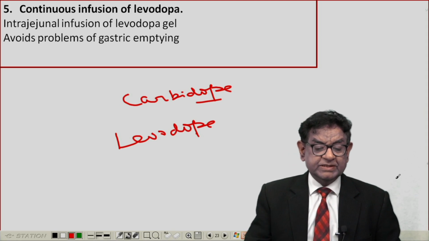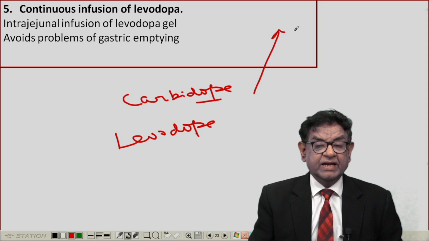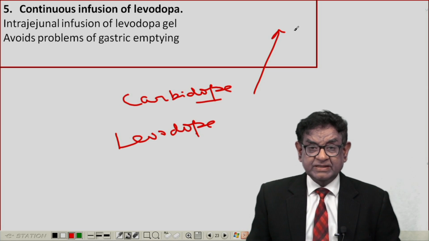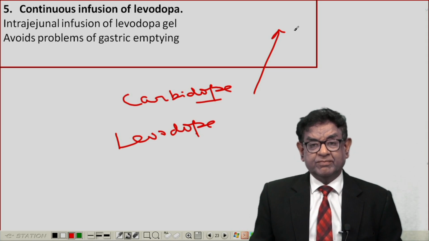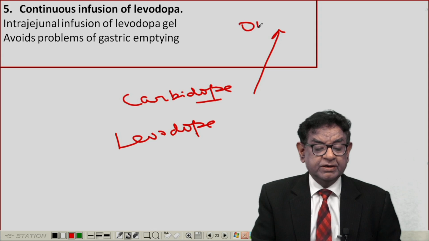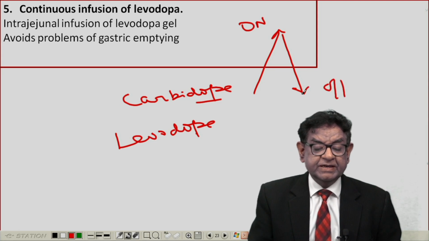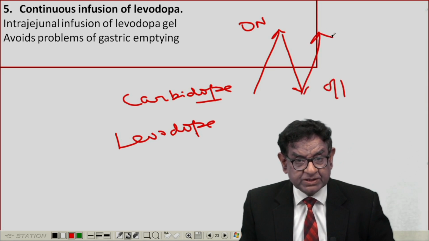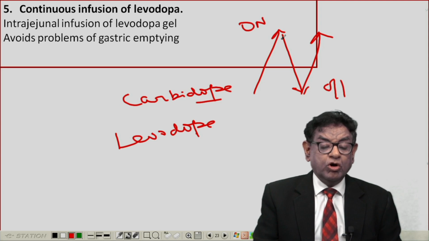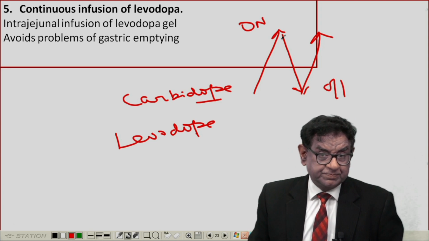But what is the problem with this? When the level of the drug in the blood is good, the patient becomes all right; we call it on. But as the drug gets metabolized, the level goes down and the patient's symptoms worsen: off. Again the patient takes the next dose: on, off. So the on-off phenomenon is a big problem.